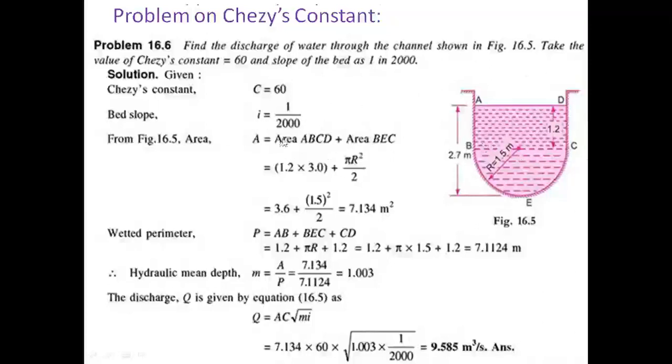Now find the area of this total channel. First take the rectangular channel area ABCD. Next take the semicircular channel BEC.